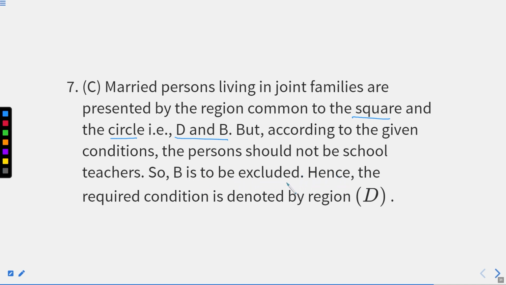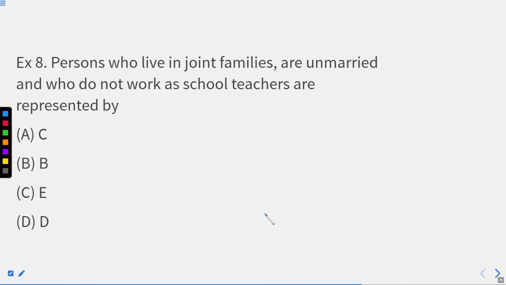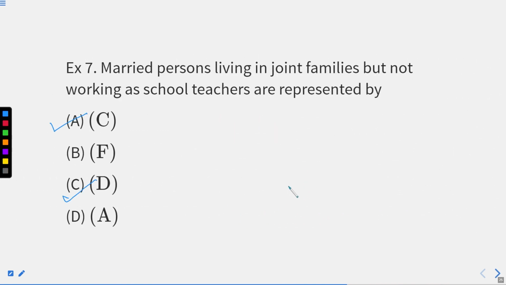Hence, the required condition is denoted by the region D. This is the part I have already explained in the previous slide, right? If I go back to question number 7, now you know what we did here. D is our answer, right?